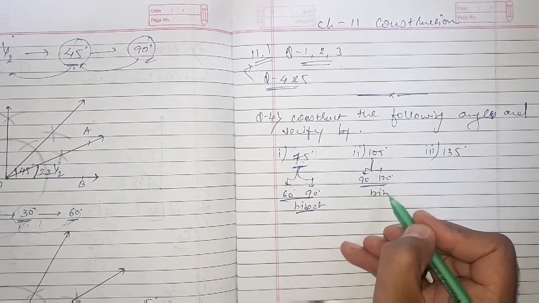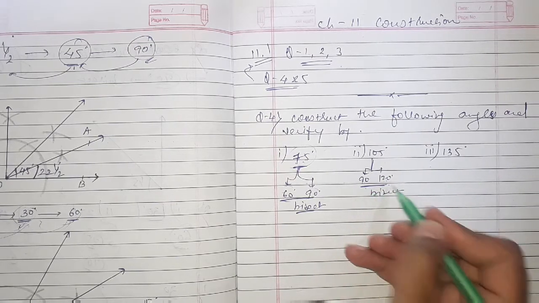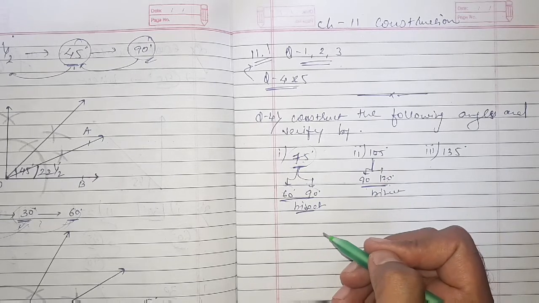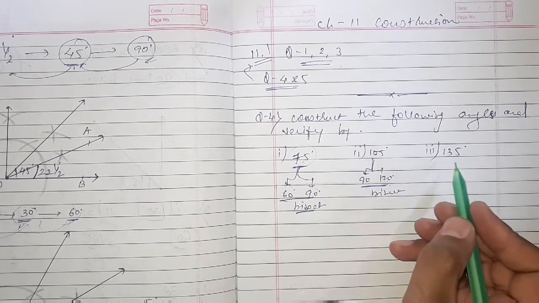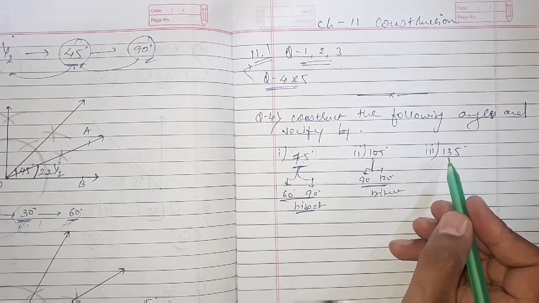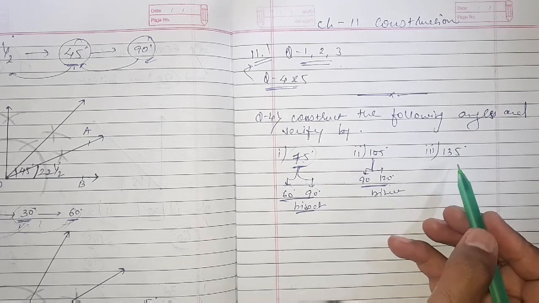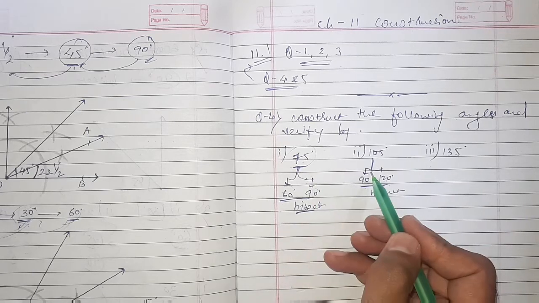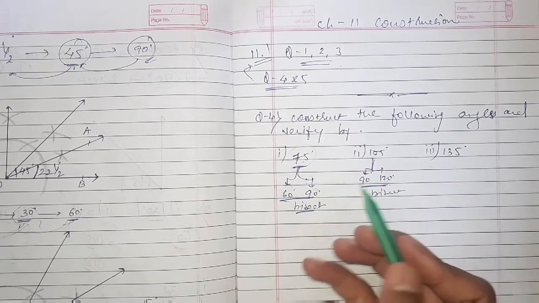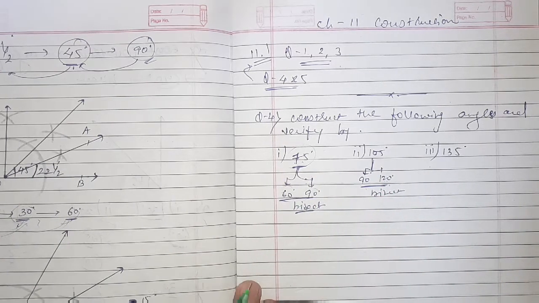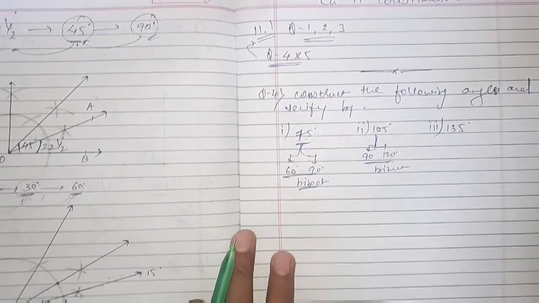After that we bisect 90 and 120, so we get 105 degree. Clear? For the 135 degree, we have to move after 75 and 105. First of all, see these two questions.